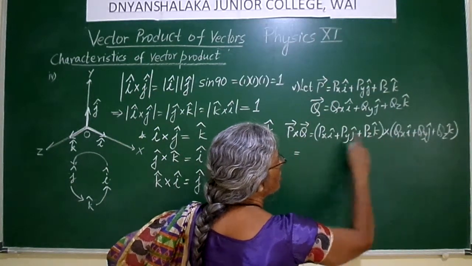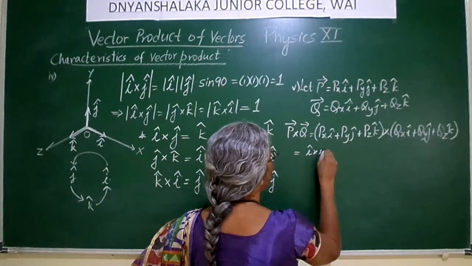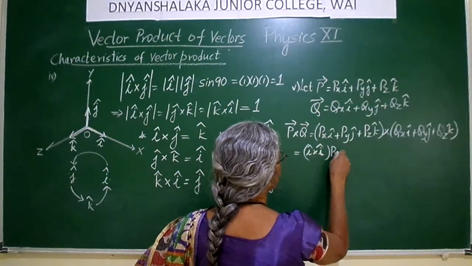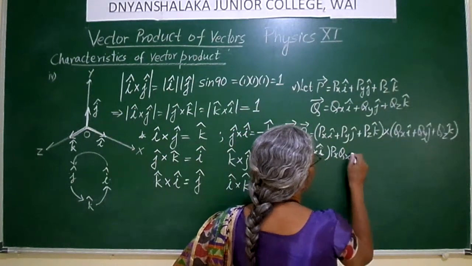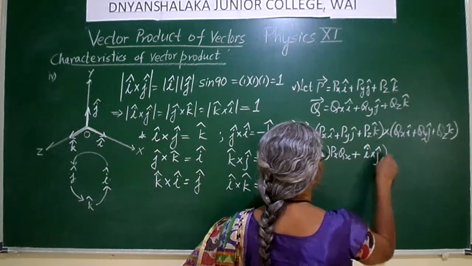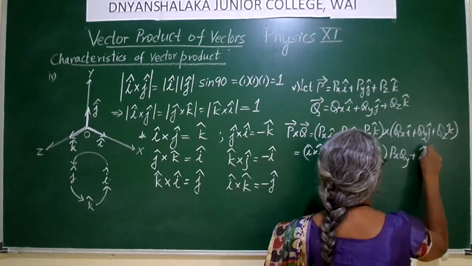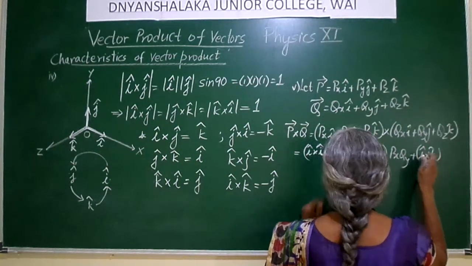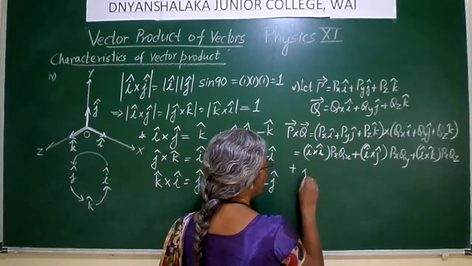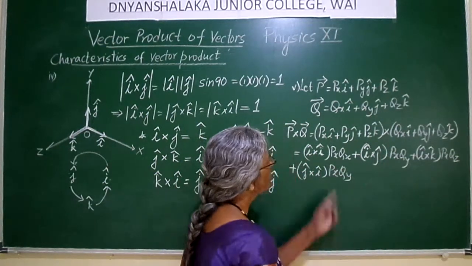Px, qx are magnitudes. So I will get vector I cross vector I into px qx, plus vector I cross vector j into px qy, plus vector I cross vector k into px qz, plus vector j cross vector I into py qx.